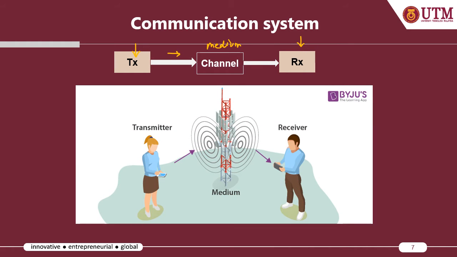Okay, so the figure illustrates the relation between the transmitter and the receiver, in which we have the medium in between that will transfer the transmitted signal to the receiver, and on the other hand will be receiving the signal from one end and retransmit it back to the other end.